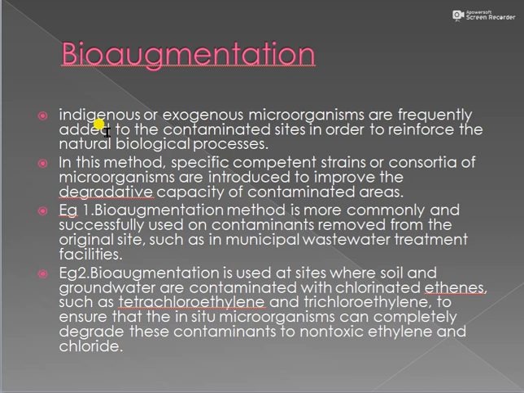So either you will add some nutrients so that the organisms already present at that site will be promoted to grow so that they can degrade the pollutants, or you will add a consortium into the site so that they will be promoted to grow.